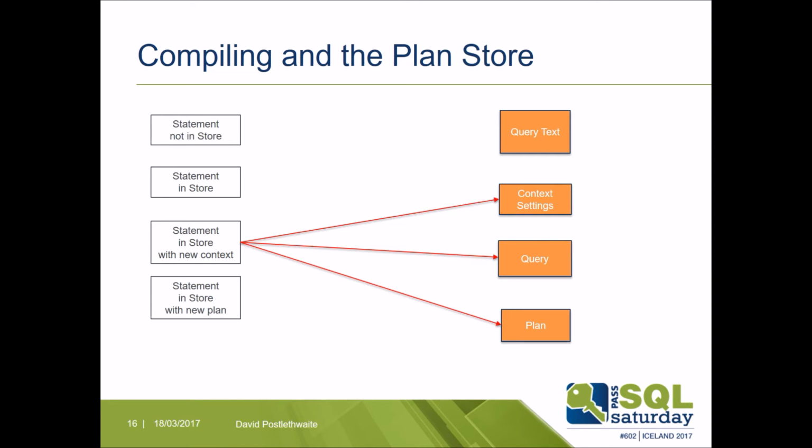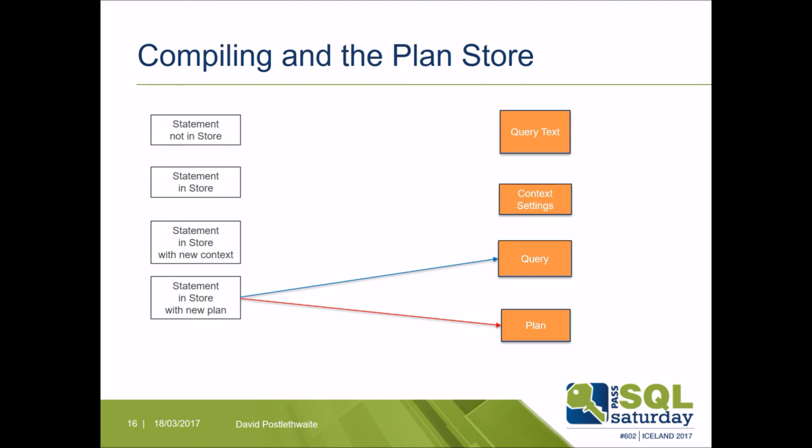If the query text comes into the store under a new context, i.e. it's got a different date format or it's from a different stored procedure, then it records a new set of context setting combinations, a new query entry and a new plan will be generated. And if the query text is in the Query Store but a new plan is generated, then the query will be updated and a new plan created.